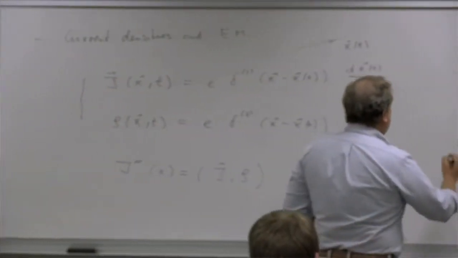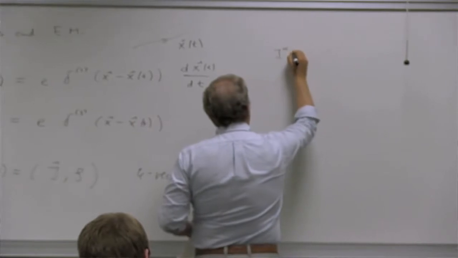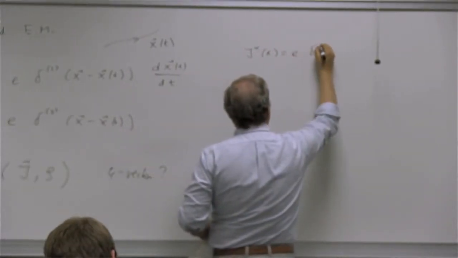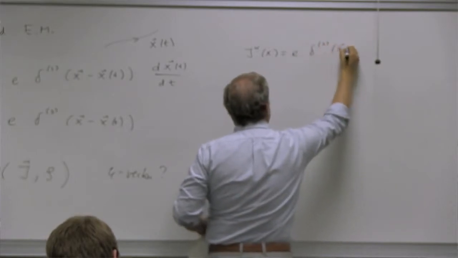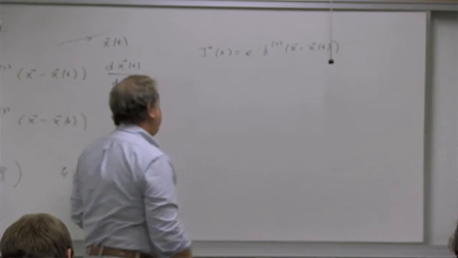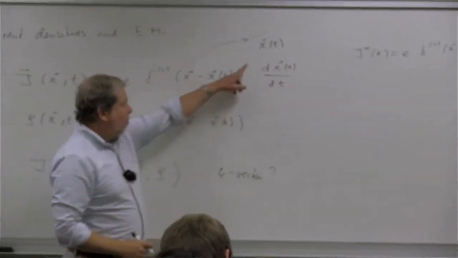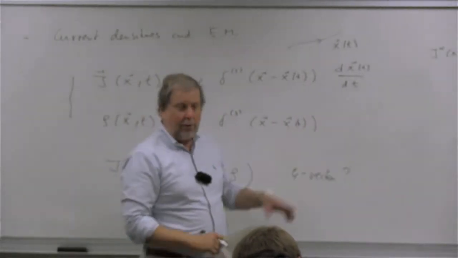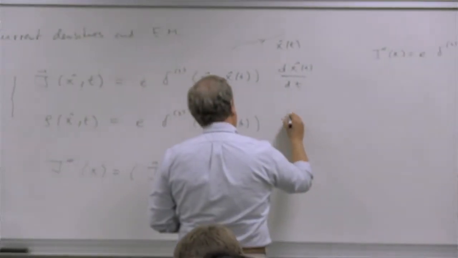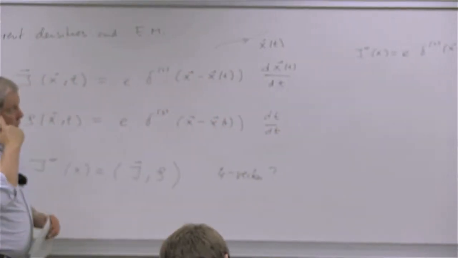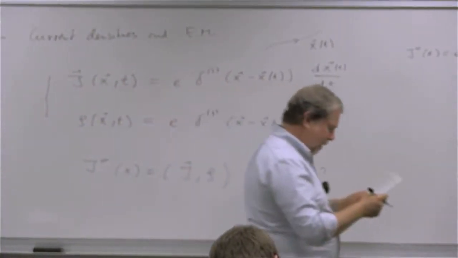If we group them together, then J alpha of x is equal to e times delta 3 of x minus x of t, and then times dx i by dt, and for the fourth one, we can write this as dt by dt, obviously. And so it looks like we have dx alpha by dt.